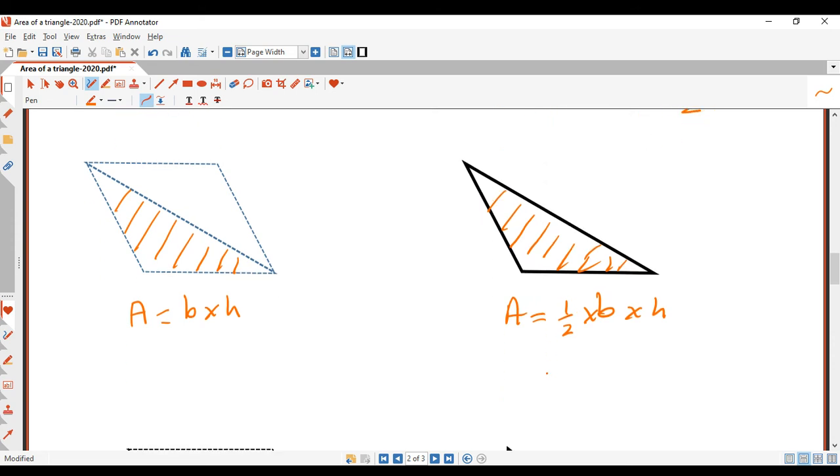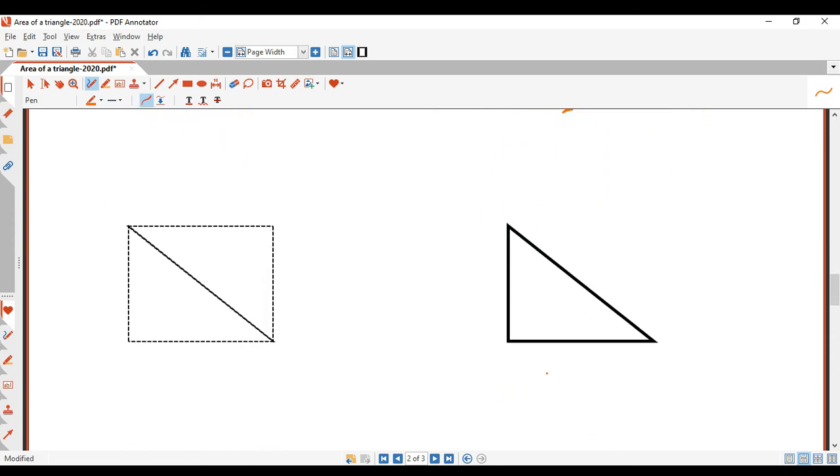Okay, coming down here, we have a rectangle. The rectangle is made up of two of these right angle triangles. There's my right angle there. Okay, so the area of this rectangle is base times height.